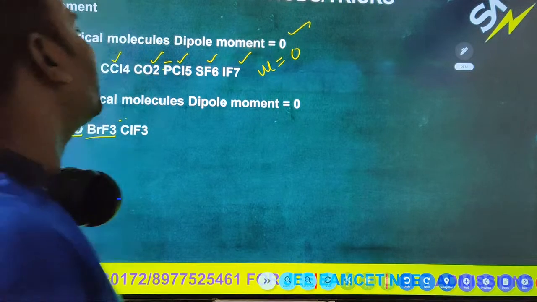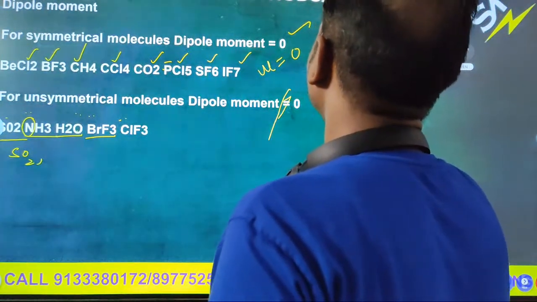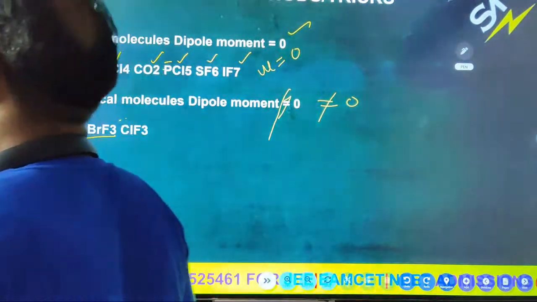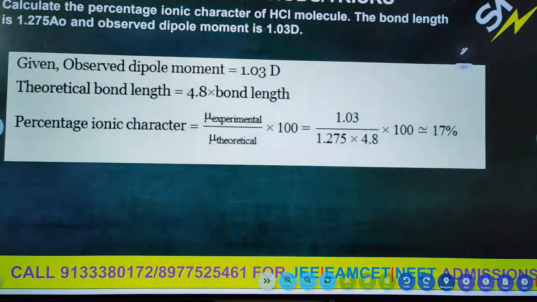So for unsymmetrical molecules, the dipole moment is not equal to 0. Clear? So for a symmetrical molecule the dipole moment is 0, and for an unsymmetrical molecule it is not equal to 0. Here we concluded the dipole moment clearly, even for molecules that have different electronegativities. Now we do a calculation.